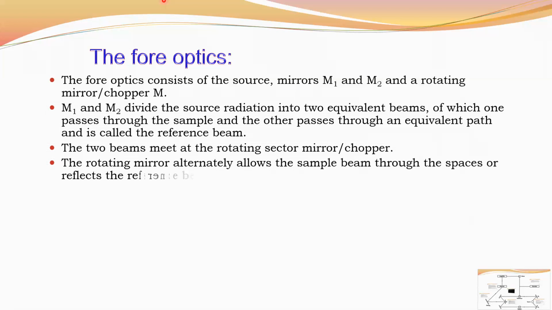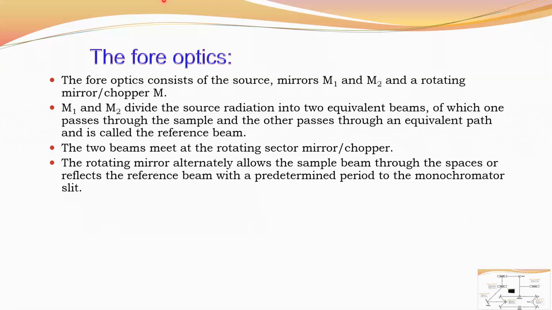The rotating mirror alternately allows the sample beam through the spaces or reflects the reference beam with a predetermined period to the monochromator slit.